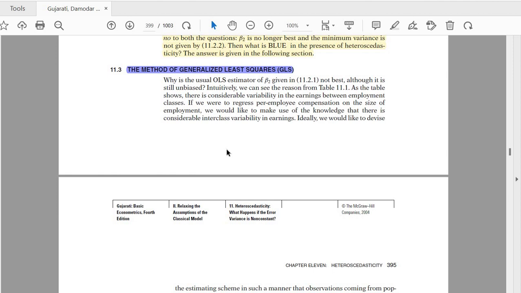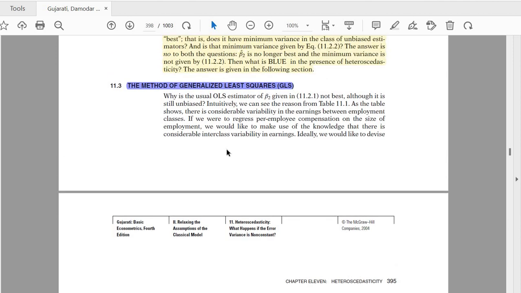Once the variance of ui is constant, that is homoscedastic, then we can apply OLS on that transformed model. So application of OLS on a transformed model, where the transformation is done just to get rid of heteroscedasticity, is called GLS, generalized least squares.